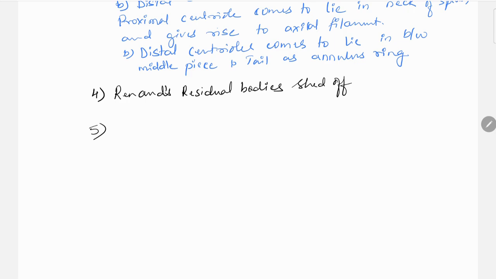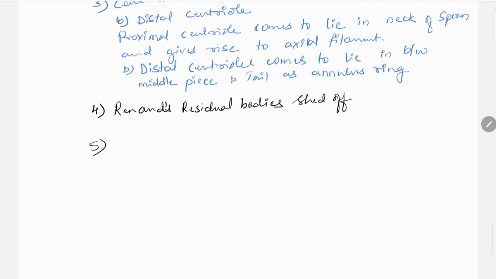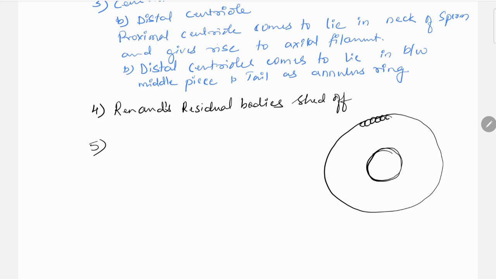Fifth process. See, suppose you take, this is the seminiferous tubule and this is a lumen of the seminiferous tubule. This is very tiny. I am making it a big area. Somewhere here on the wall of the seminiferous tubule, these are the spermatogonia. Okay, these are the spermatogonia, right? They undergo process of mitosis and meiosis.